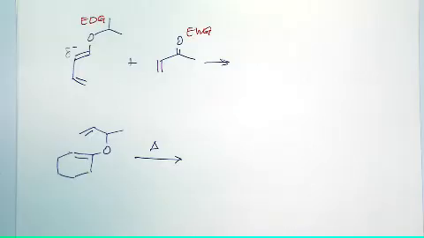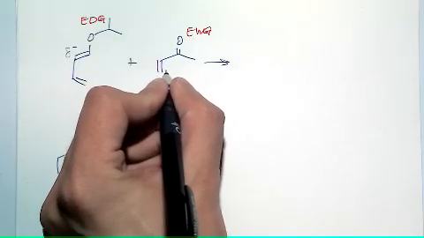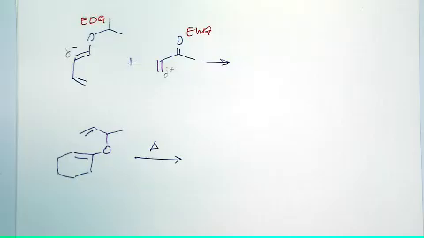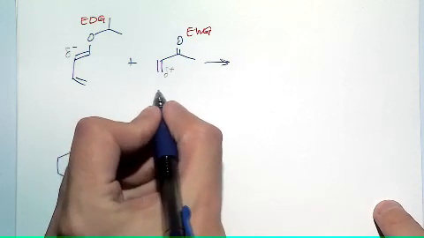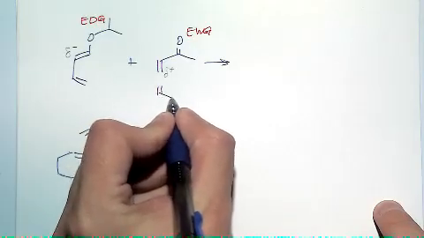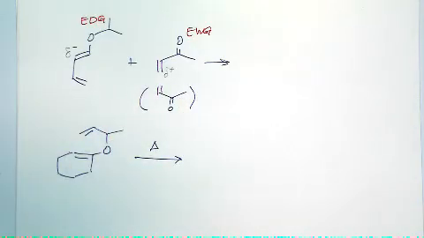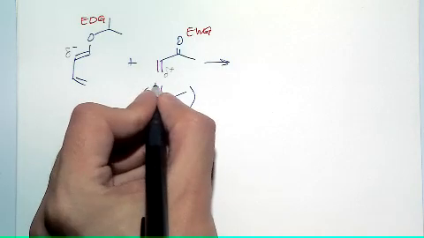And so if you draw that resonance structure, you'll find a delta plus on that carbon. We want the delta minus and the delta plus to come together as best as possible. And so we should probably reorient our dienophile like that. So just flip it upside down.